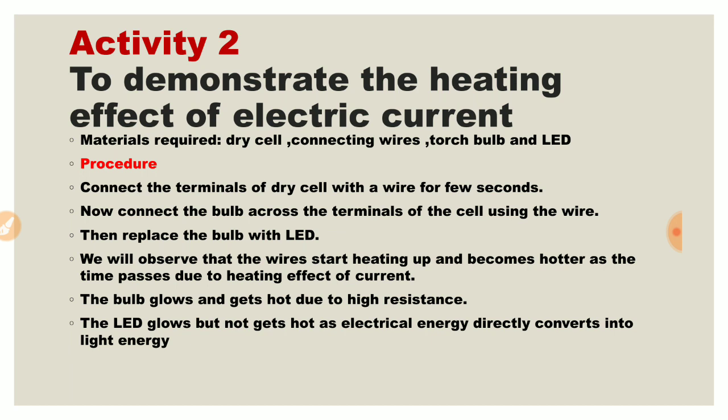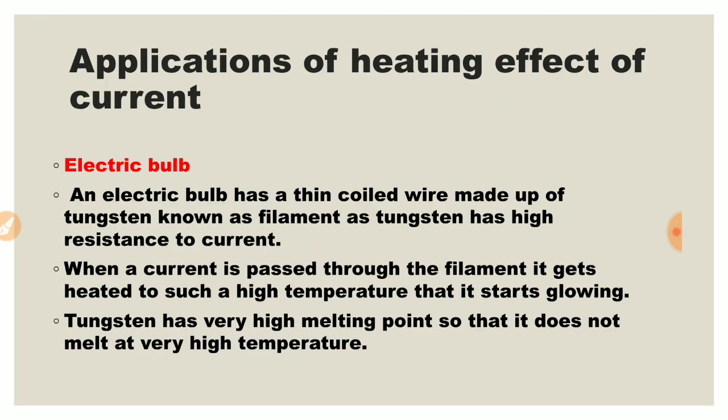But the LED does not get hot, but it glows, because in LED the electrical energy directly converts into light energy. So from this activity, it is clear that whenever current passes through a conductor, it gets hot. So this effect is known as heating effect of electric current.